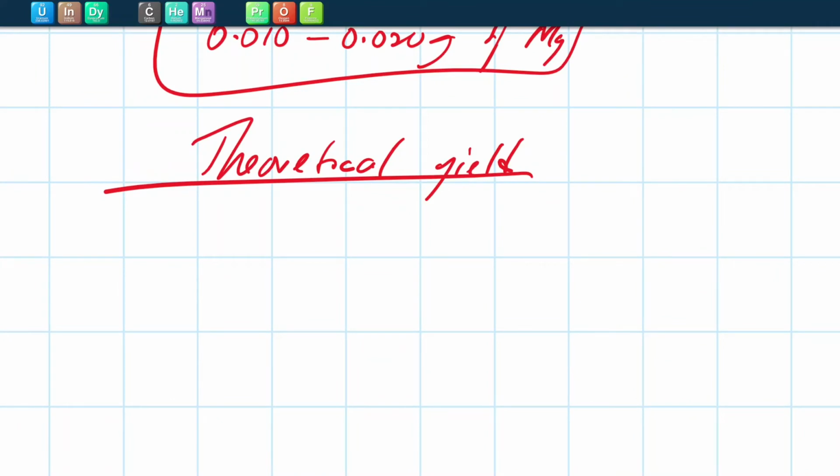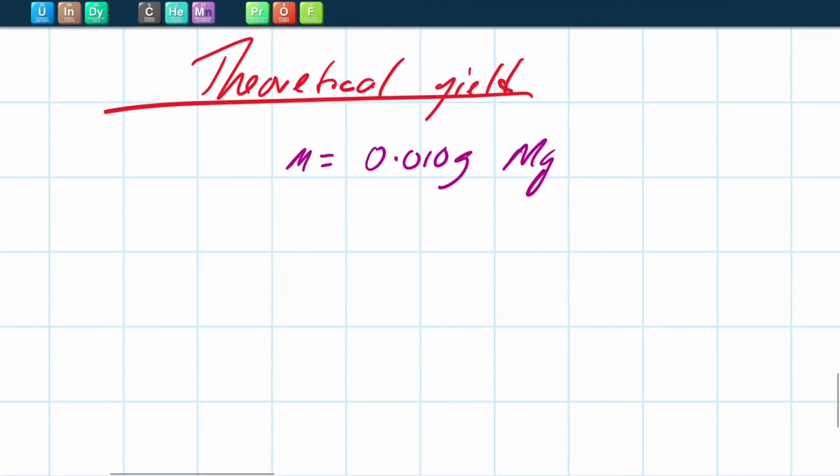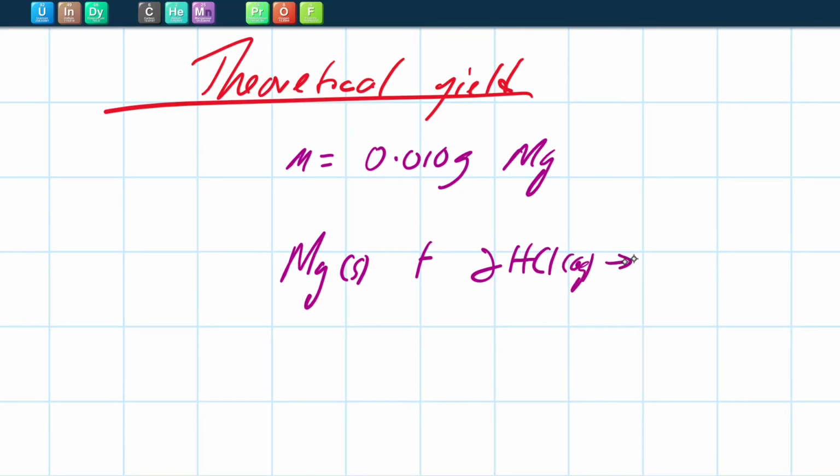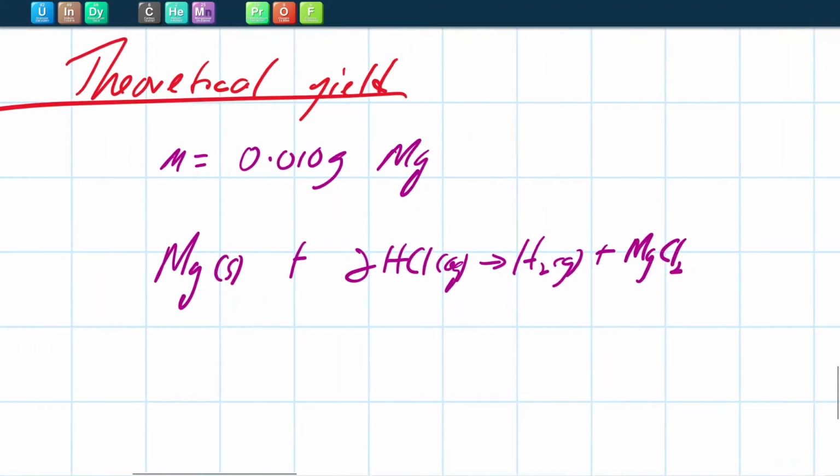Let's say for our example, we use 0.010 grams of magnesium. According to the balanced chemical reaction, 1 mole of magnesium will react with 2 moles of hydrochloric acid to produce 1 mole of H2 gas and 1 mole of magnesium chloride.